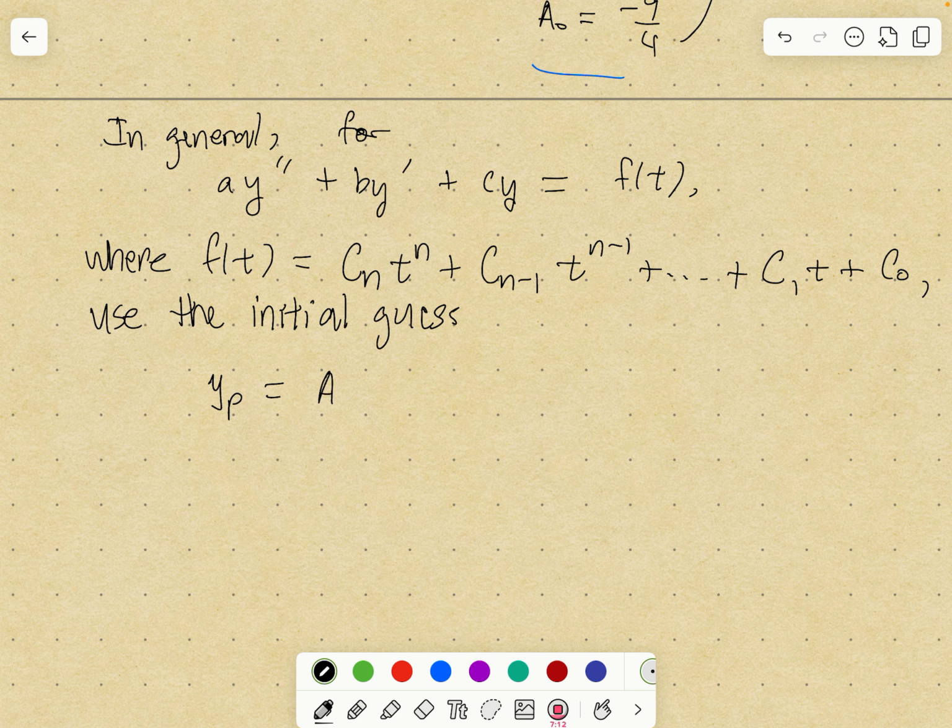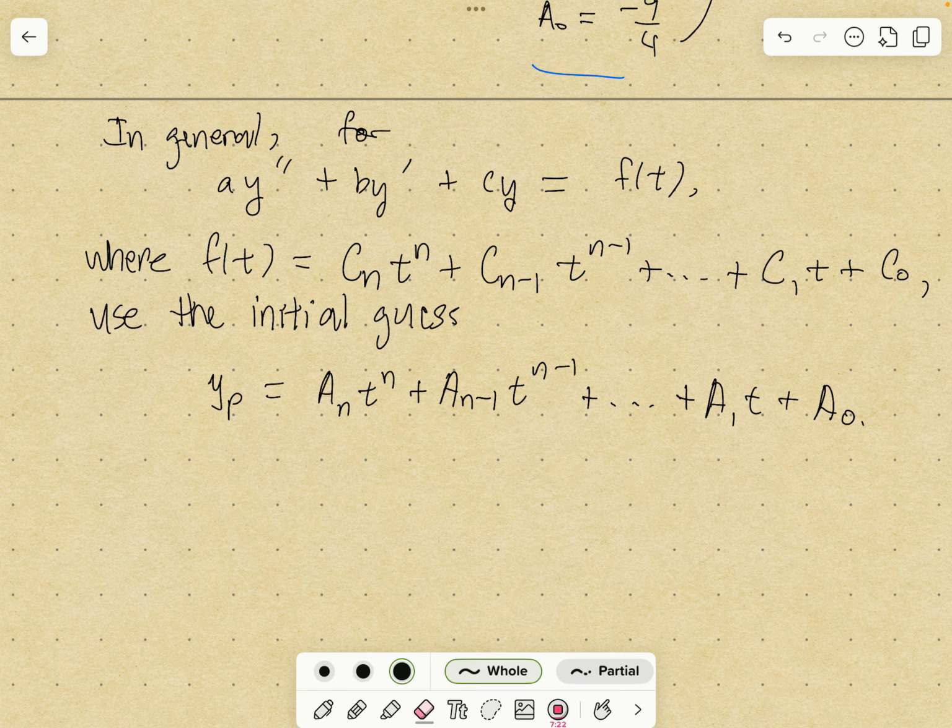So an t to the n plus an minus 1 t to the n minus 1 plus dot dot dot plus a sub 1 t plus a sub 0. Just to clarify, these are subscripts here.